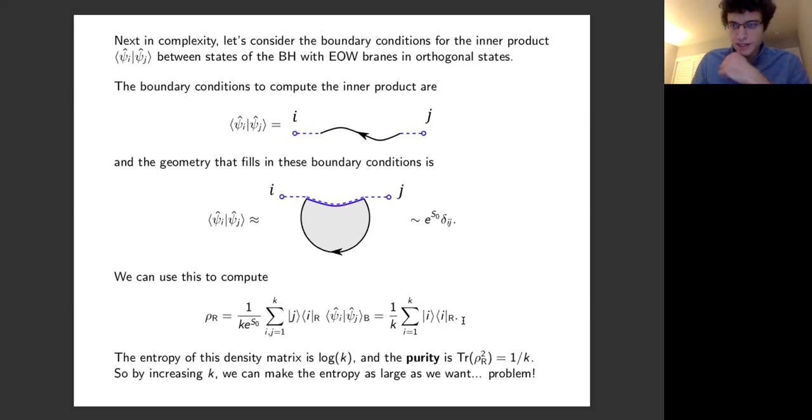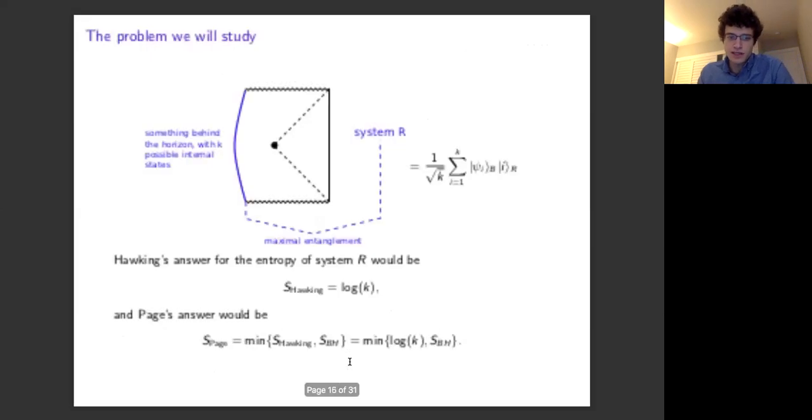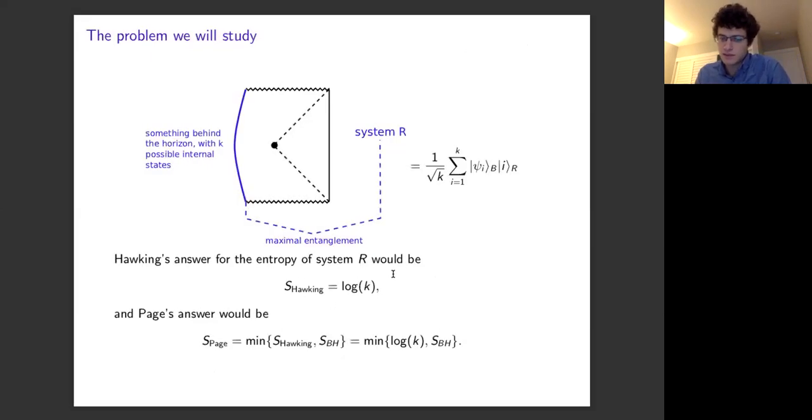So the radiation is in a maximally mixed density matrix, and the entropy of a maximally mixed density matrix on k states is log of k. So that's the Hawking answer that we were expecting, just the naive entropy of this maximally entangled state.